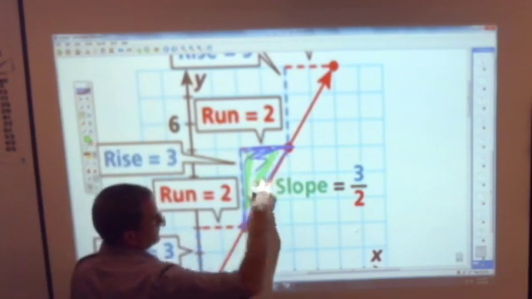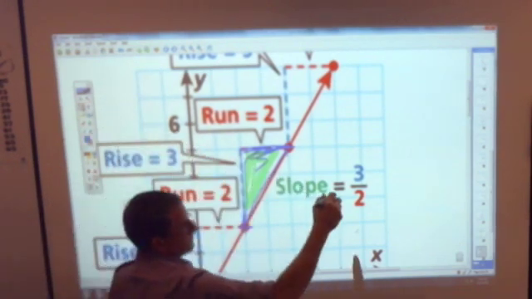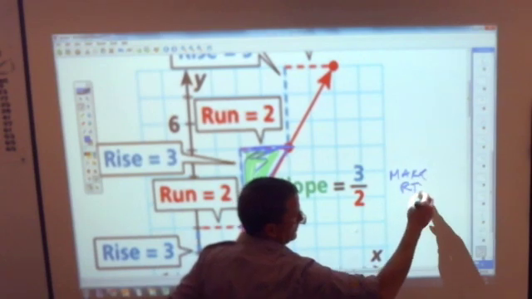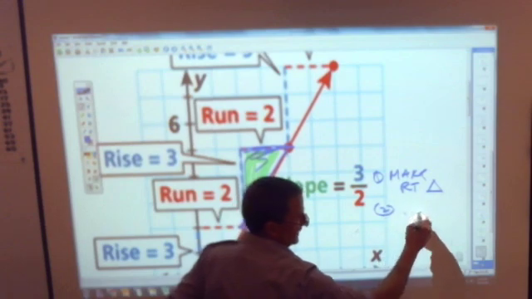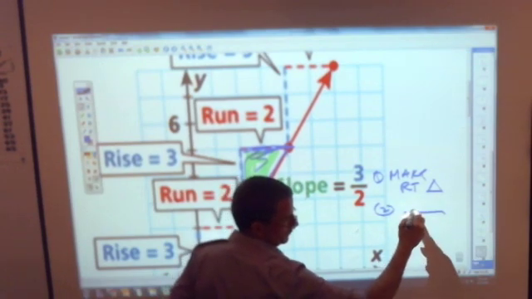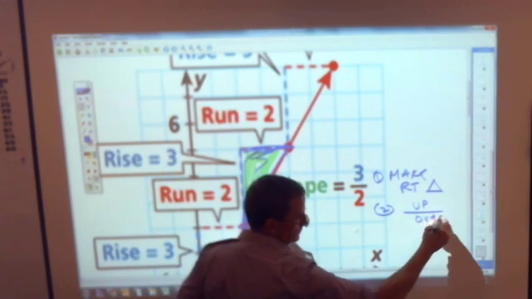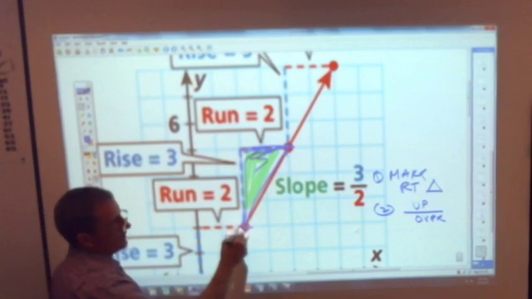So to find the slope, number one, make a right triangle. Step number 2, think about the fraction, rise over run, or just put up over over. You look at this triangle and say, how tall is my triangle?